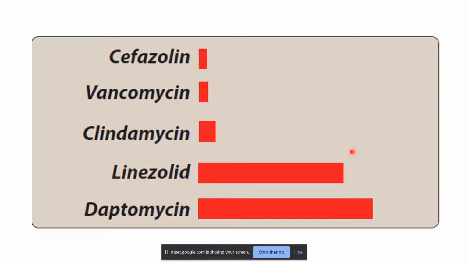There are a lot of things that one should take into account when starting antibiotic therapy, because some of the antibiotics are very expensive. So this is the cost of the treatment of Staphylococcus aureus with different antibiotics.